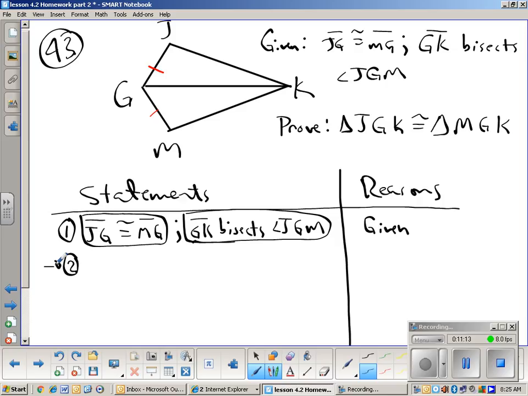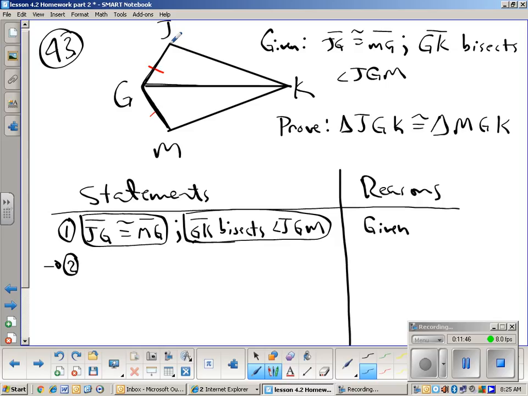And so segment GK, that's this segment, bisects angle JGM, this angle here. And so what does it mean if it bisects that angle? What's that? Cuts it into half. Cuts it into, even more precisely, two equal halves. Okay? Two equal halves. And so what can I say then about this?